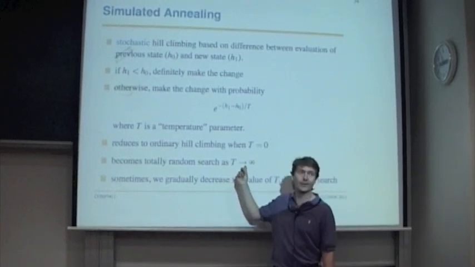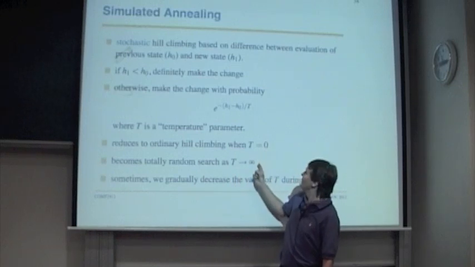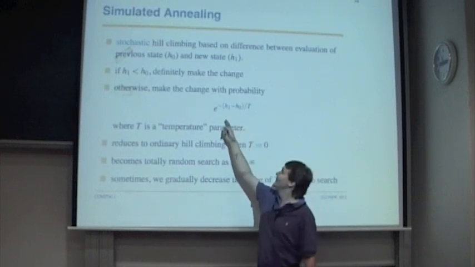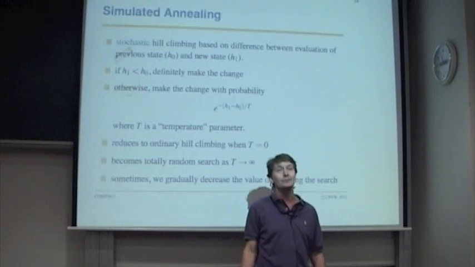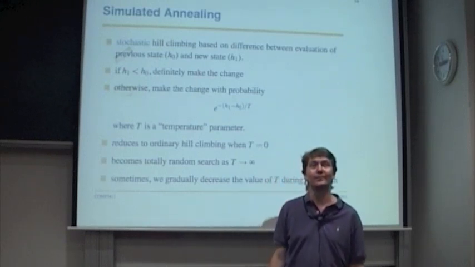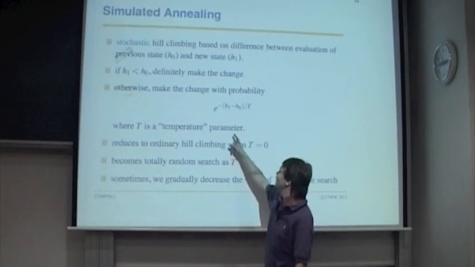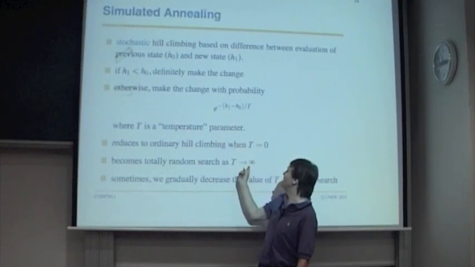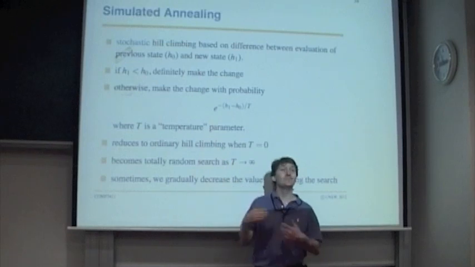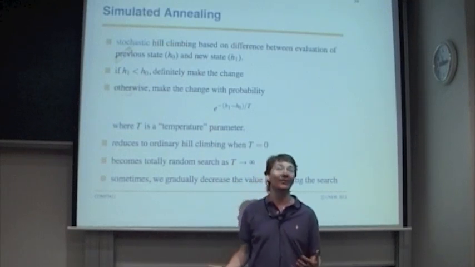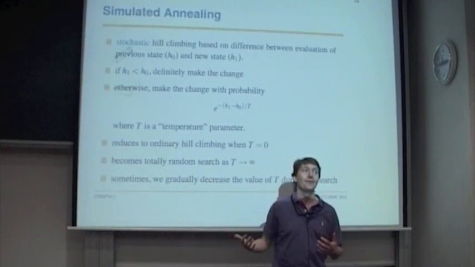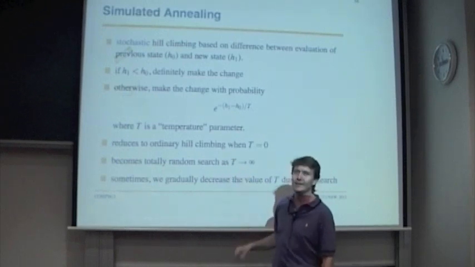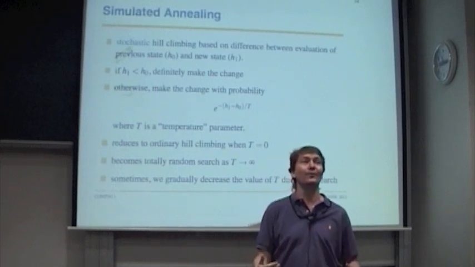Now what happens as t goes to infinity? Well, dividing by infinity is the same as multiplying by 0. So e to the minus 0 is 1. So if t goes to infinity, it's saying I should always make the switch regardless of what H0 and H1 are. So you get these two extremes. When t goes to infinity, you're actually looking at total random search.